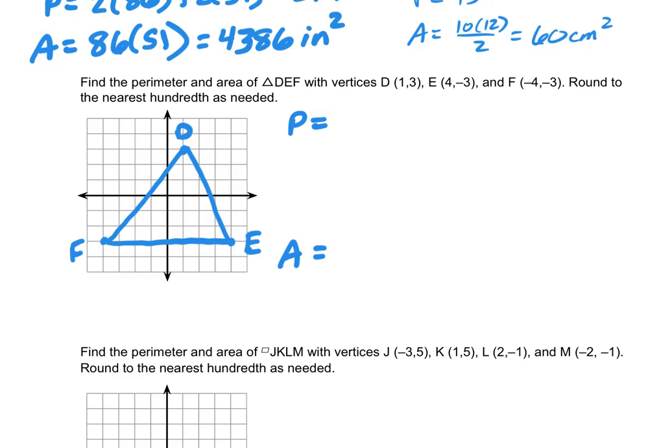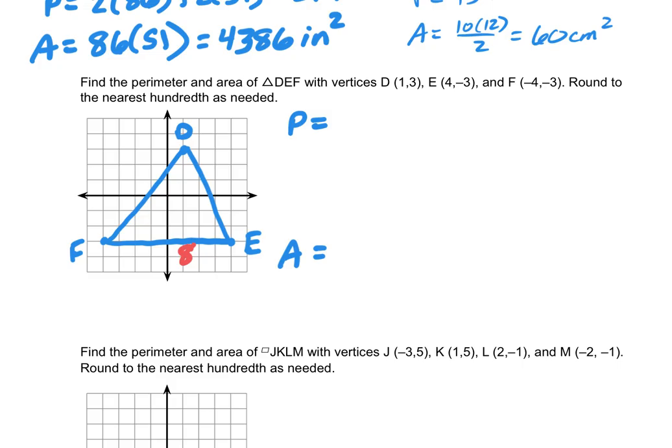We're going to start, we've moved 1, 2, 3, 4, 5, 6, 7, 8. So we're going to move 8 units to get from F to E. That would be my base. Okay, then we're going to look for the perpendicular height.